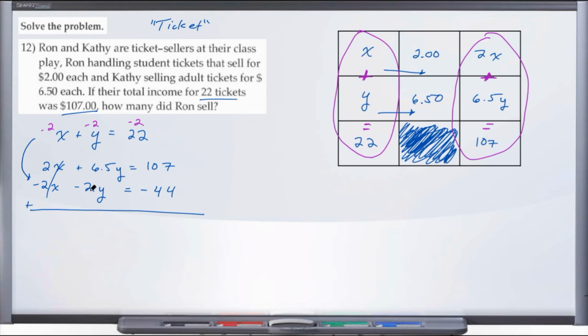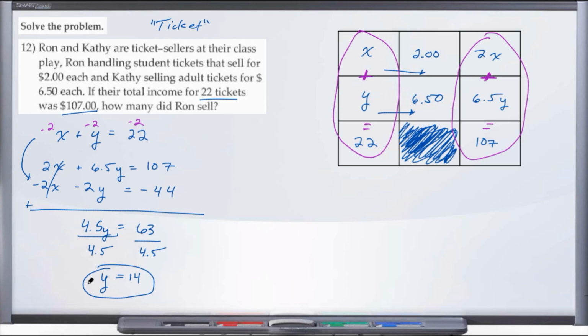And 6.5y minus 2y gives us 4.5y. And 107 minus 44 is going to give us a 63. And solving for y, we'll divide by 4.5, divide by 4.5, and that leaves us with y equals 14.